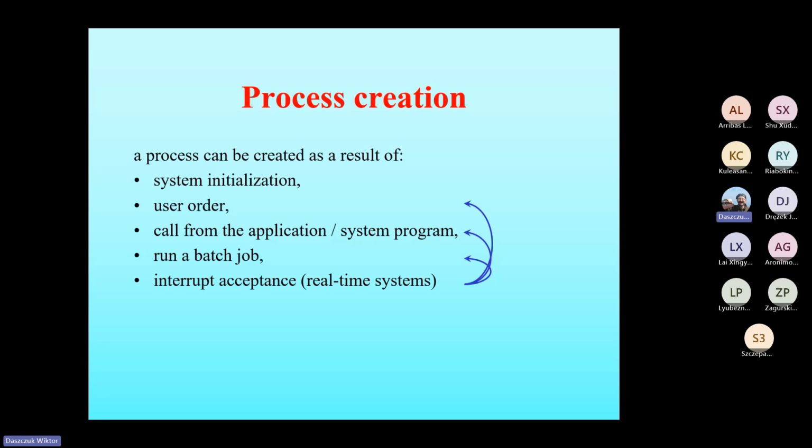In fact, all those operations are finally executed as some interrupt. When we type the name of the file containing a program, the last key pressed is enter, and the reaction of the system to this interrupt is to run the program. And other situations are in fact interrupts as well.